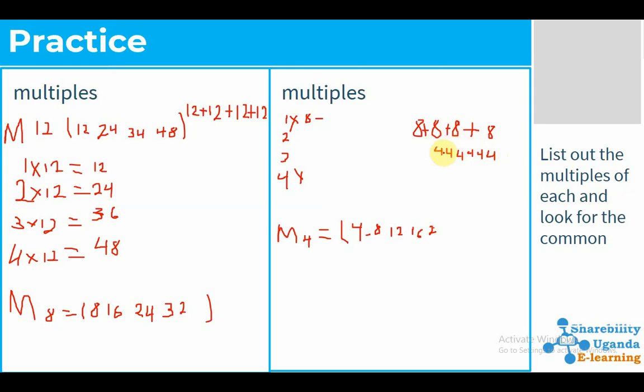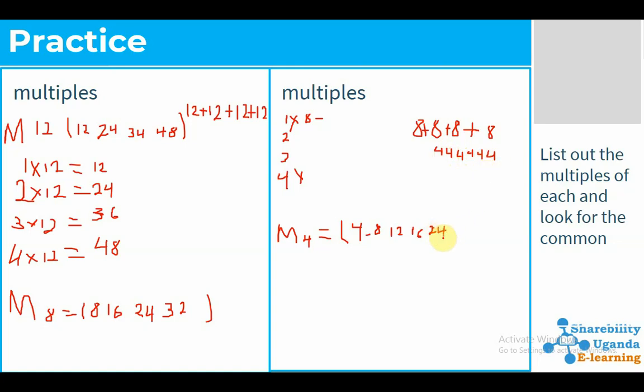You say 4 times 6, this is 1, 2, 3, 4, 5, 6. Then you start adding them. 4 plus 4 is 8. 8 plus 4, 12. 12 plus 4, 16. 16 plus 4, that is 20. Then we come to 24.